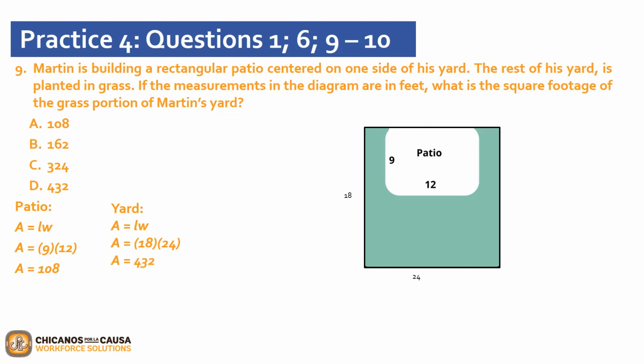Now, we're going to subtract the patio from the yard because we only want the area of the grass. So it's going to be 432 minus the square footage of the patio, which is 108, yielding a result of 324 square feet.